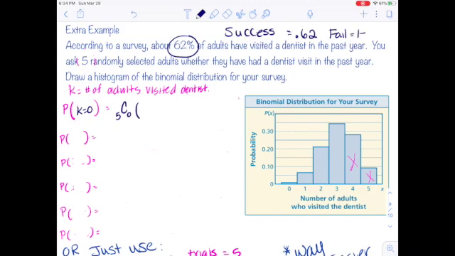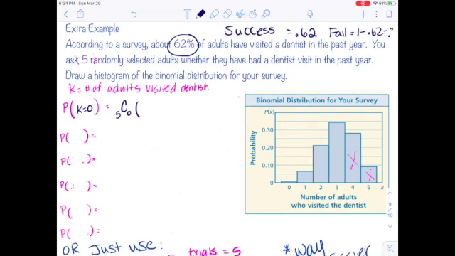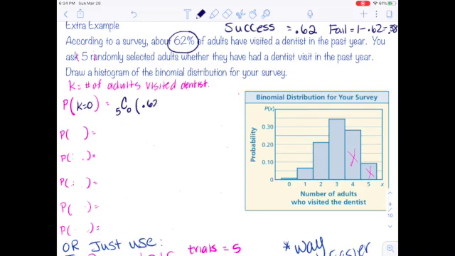So our failure would be 1 minus 0.62, and you get 0.38. So probability of success is 0.62 raised to how many successes did you have? You had 0 successes, multiplied by probability of failure, 0.38, and pretty much at that point, your failure would be all 5 did not go to the dentist, and that'll give you, calculate it out, 0.007%.